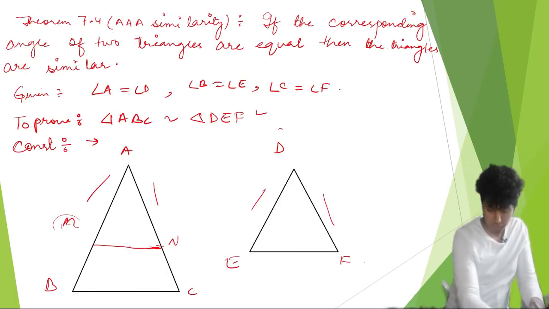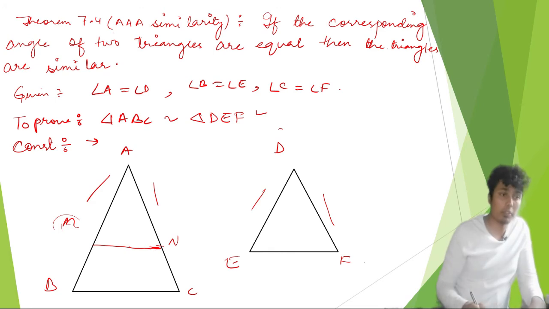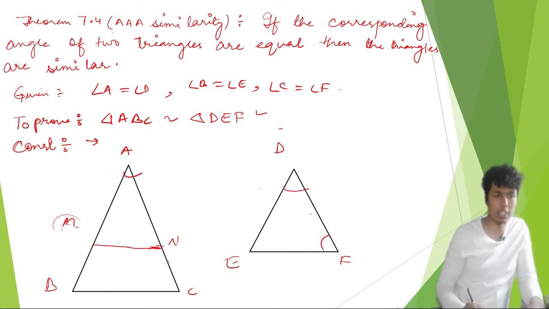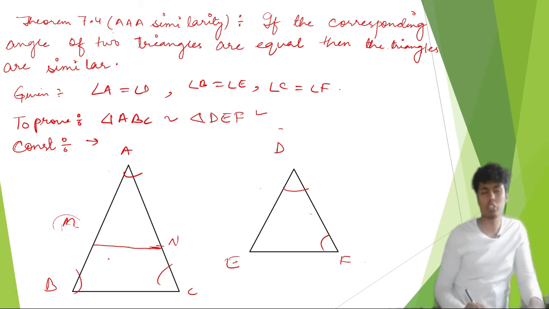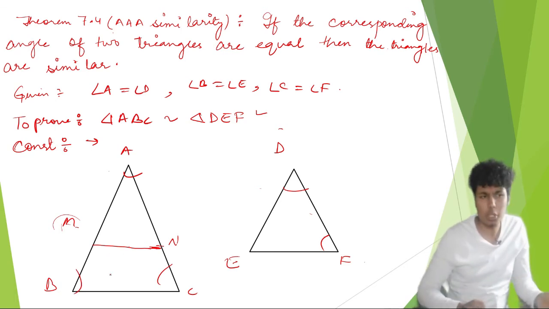Now, doing the proof, the first thing you need to understand is that in the triangles which we have drawn, the angles are equal, no doubt. All corresponding angles are equal. But it is not necessary that all the sides are equal. The side AB may be greater than DE, AB may be shorter than DE, or it is equal.